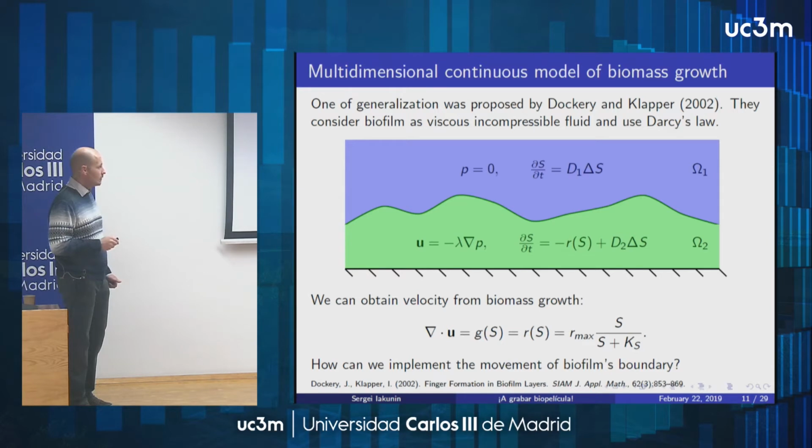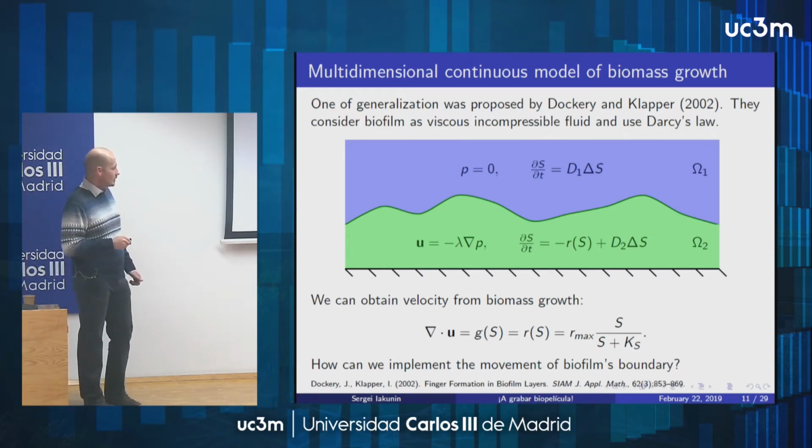Outside the biofilm, we always have zero pressure, and we have two reaction diffusion equations for the substrate. Outside we have one diffusion coefficient, and we don't have any utilization of substrates. And inside the colony we have utilization of substrates and another diffusion coefficient d2.